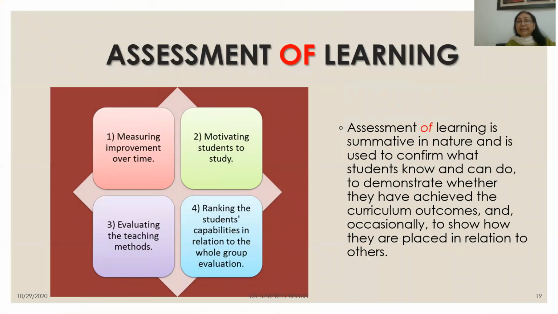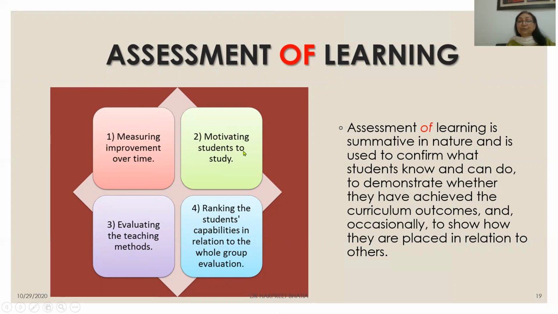The assessment of learning is something I think we are all familiar with. That is, in the lessons we impart certain information, and at the end of that we assess the student as to how much learning has taken place. So we measure the improvement of the student over time.